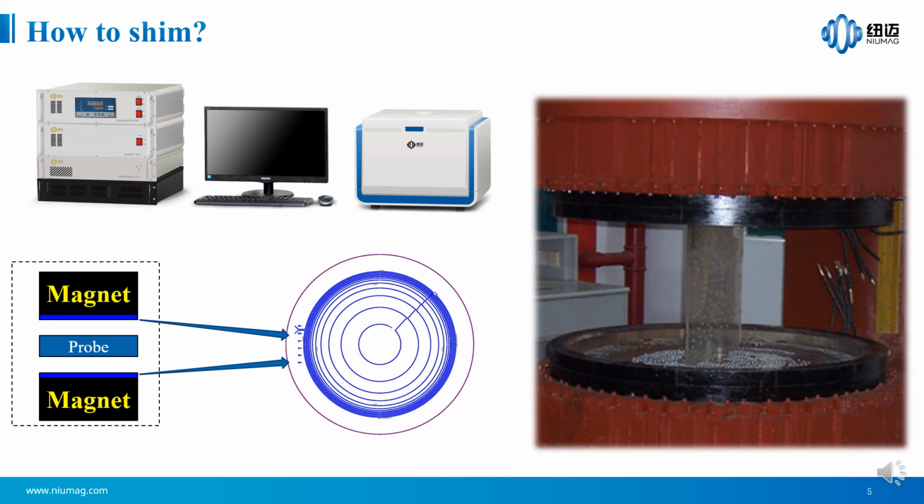The third way is auto shimming. That's the experiment we are going to demonstrate later. Auto shimming is based on a gradient coil. We can set corresponding gradient parameters in the software, including the magnitude and the direction of the gradient current.